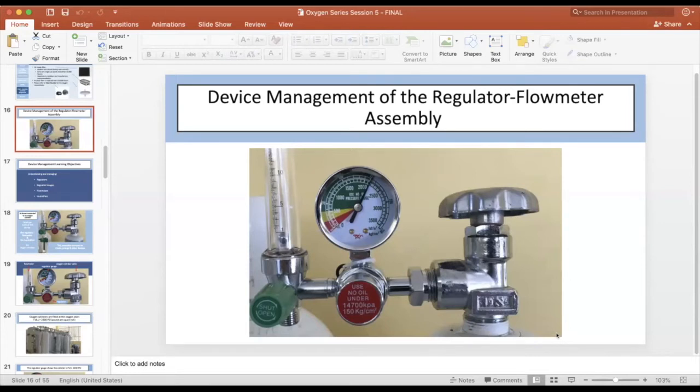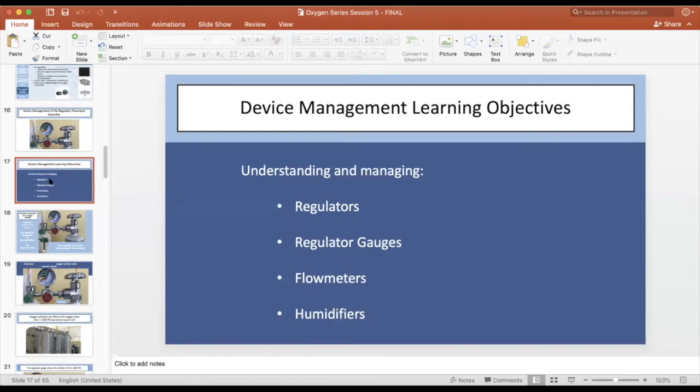Yeah. What we see here, of course, is the entire assembly as attached to the valve of an oxygen cylinder. And in this session, what we want to do is understand and manage the proper use of the regulators, the regulator gauges, the flow meters, and the humidifiers.